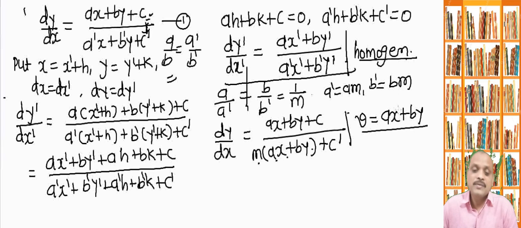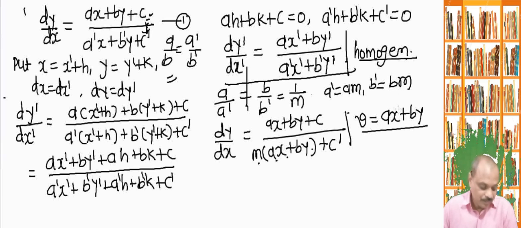Now, when this method fails, whenever a divided by b equals a dash divided by b dash, we have to put a divided by a dash equal to b divided by b dash equal to 1 divided by m. Whenever this ratio is equal, we cannot apply this method, and we have to put v equal to ax plus by.